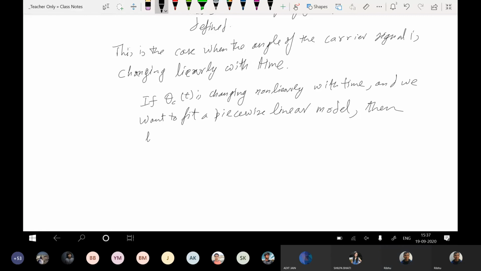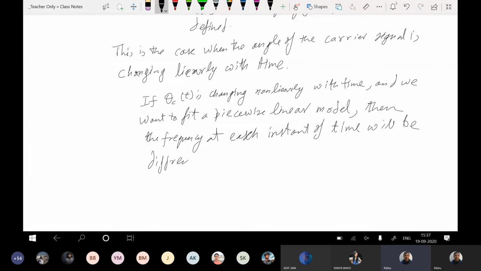Then the frequency at each instant of time will be different.